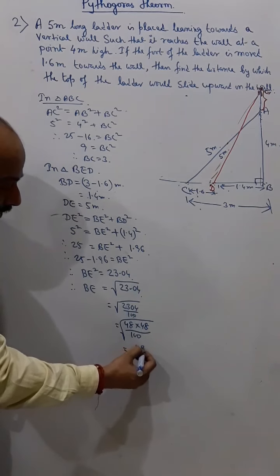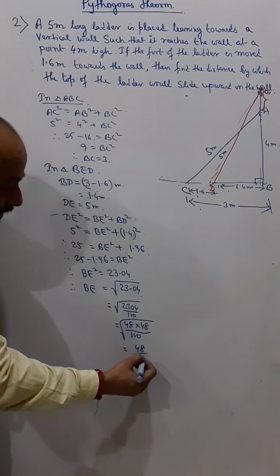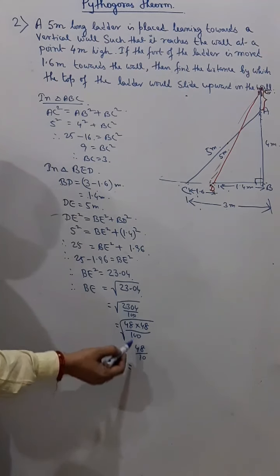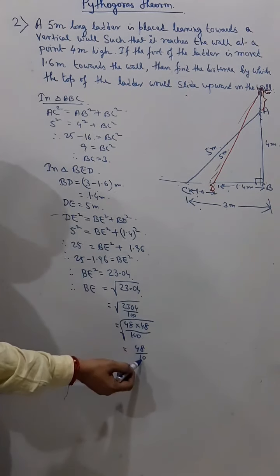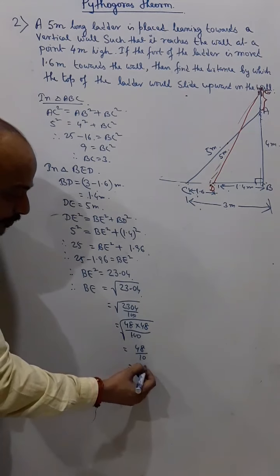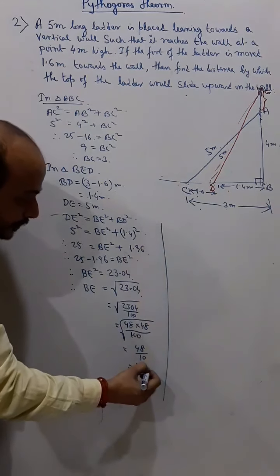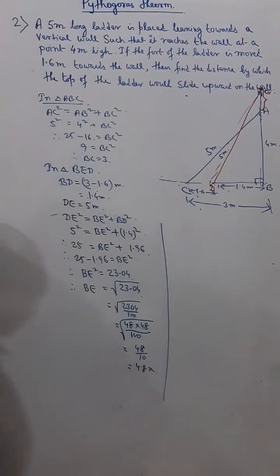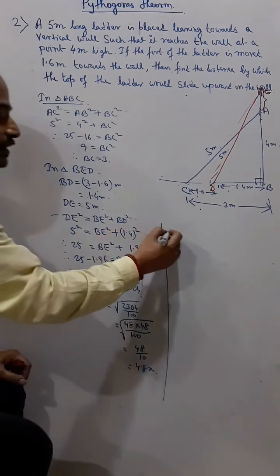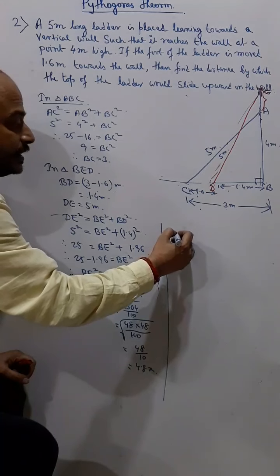So finally we are getting 48 by 10, that is 4.8 meter. So we are getting BE as 4.8.